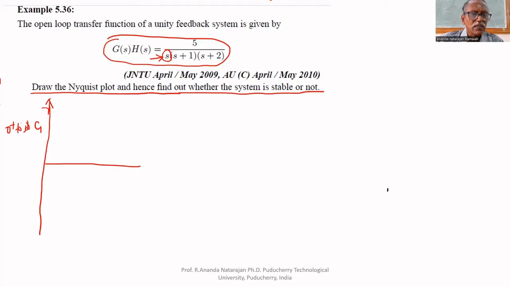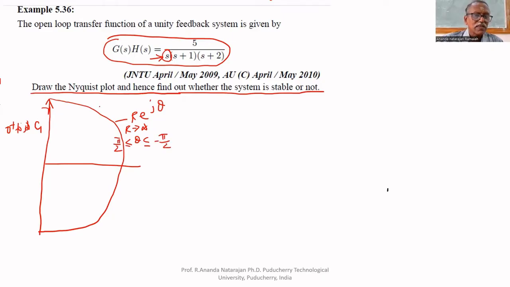Then a semicircle of radius infinity, R e power j theta, where R tends to infinity and theta varies between pi by 2 and minus pi by 2. That is the second segment C2. The third segment is from minus j infinity to 0 minus.